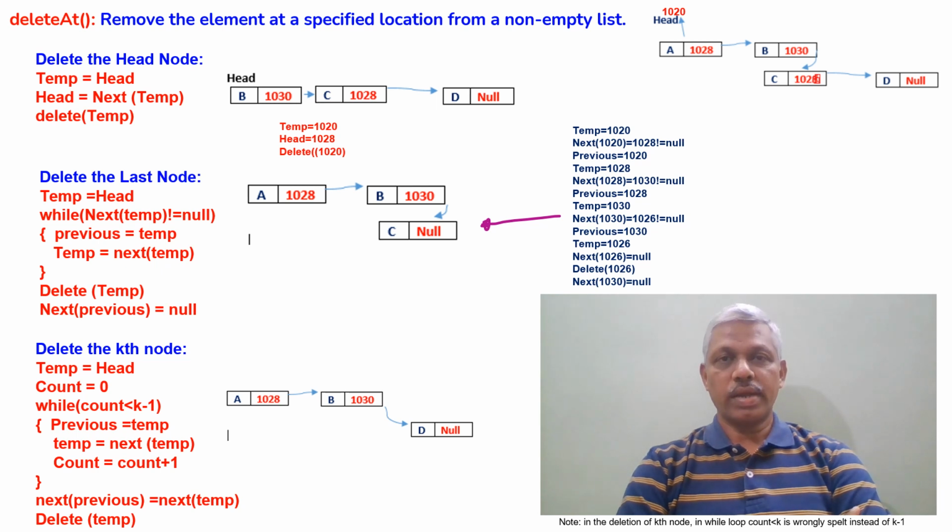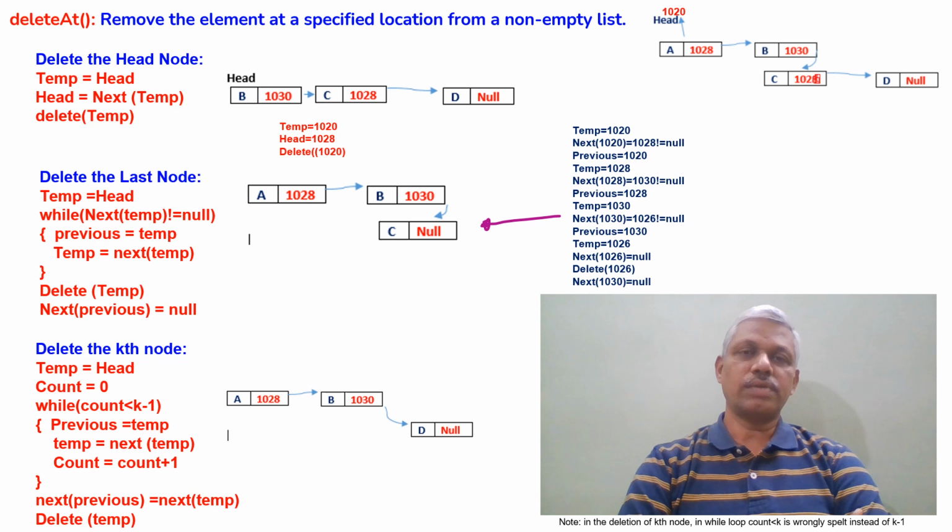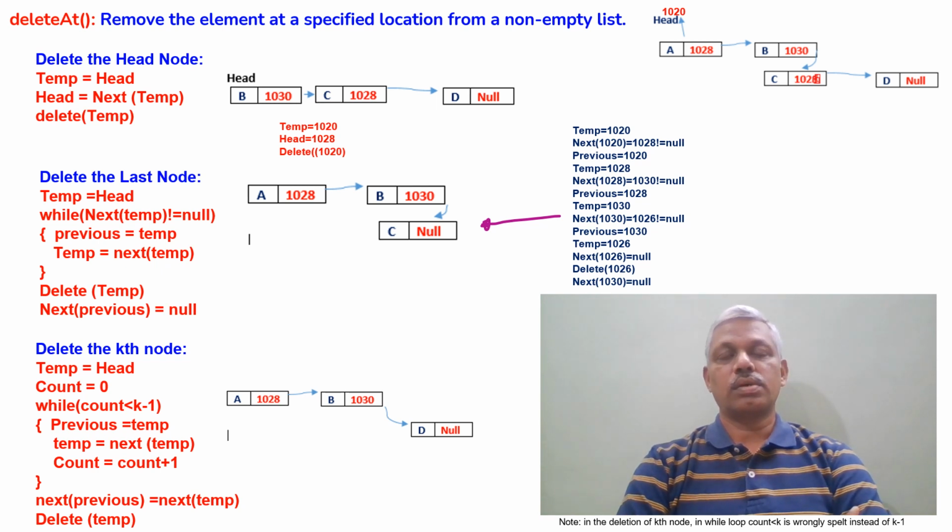Then temp is equal to head, we have taken it into temp. Then head is updated as next of temp, because in the head node whatever is next is pointing to the second node in the given linked list. So head is updated as next of temp, and then the first node has to be deleted. Delete temp, the first node is deleted. This is deletion from the beginning or head node.